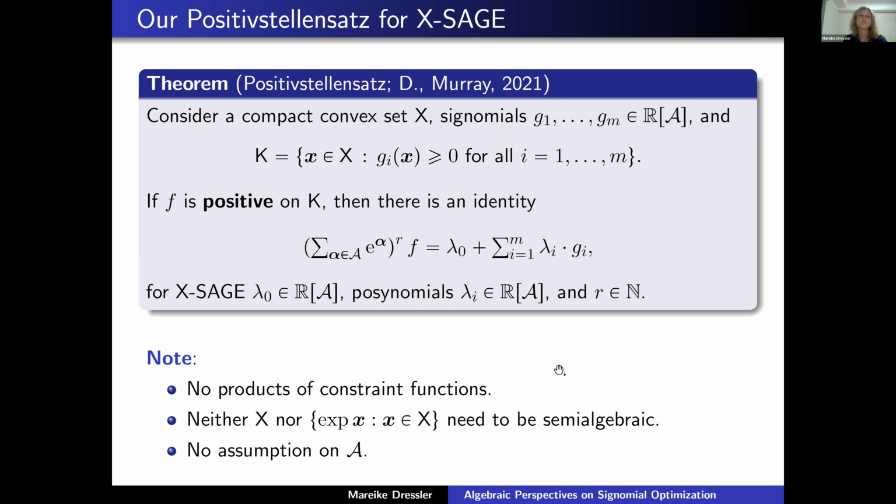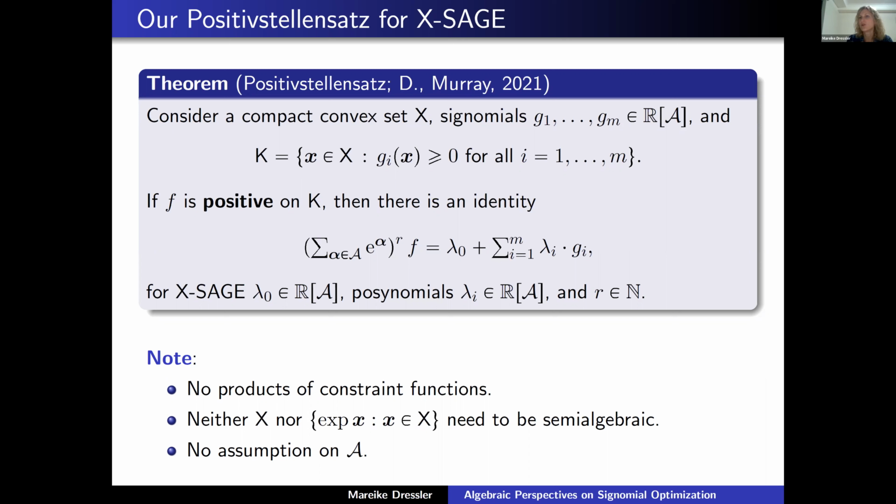And we don't make any assumptions on X, or rather it doesn't have to be semi-algebraic, and we don't make any assumptions on the ground set. So we really have here exponents which can be real and not only rational.